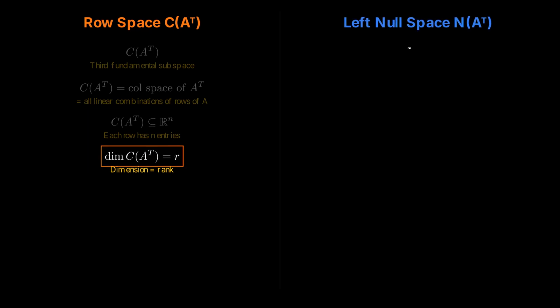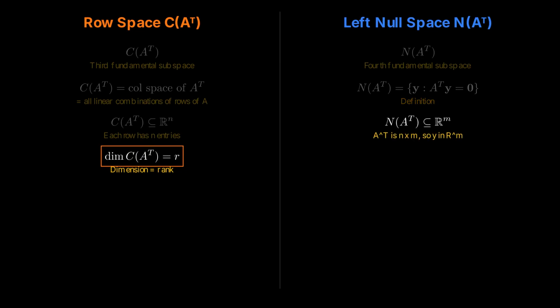Next, the fourth and final subspace, the left null space, written N(A transpose). This consists of all vectors y satisfying A transpose times y equals the 0 vector. Since A transpose is an n by m matrix, the vector y must live in R^m, so the left null space is a subspace of R^m. Its dimension is m minus r.